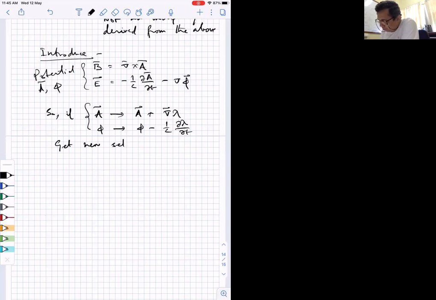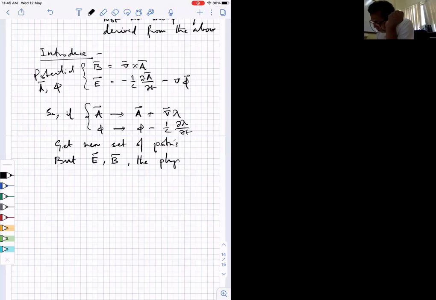But E and B, which are the physically measurable quantities, remain unchanged.